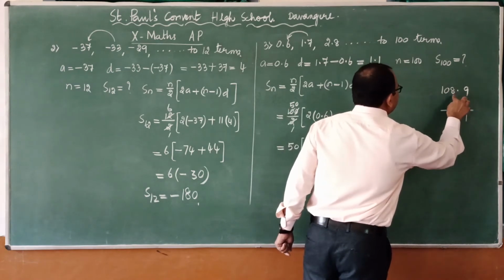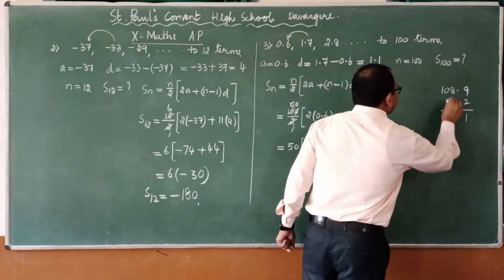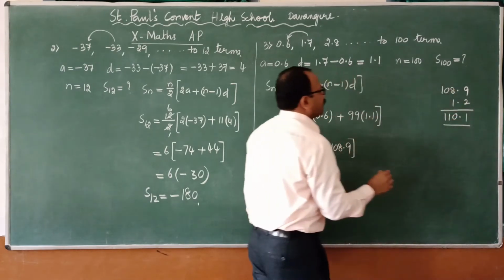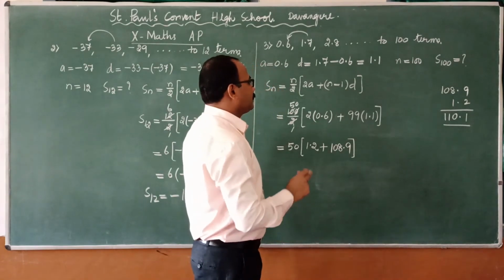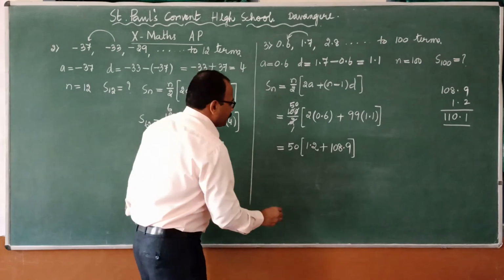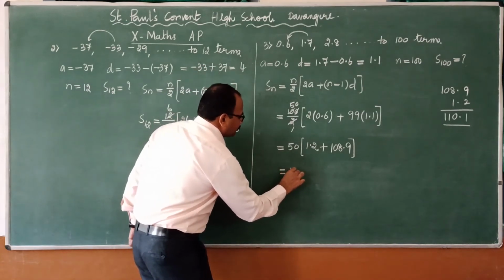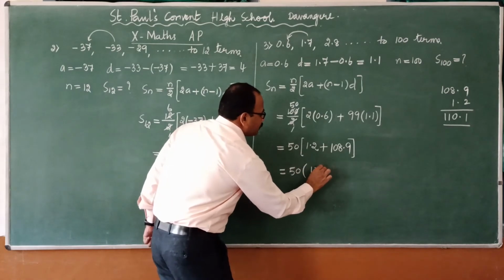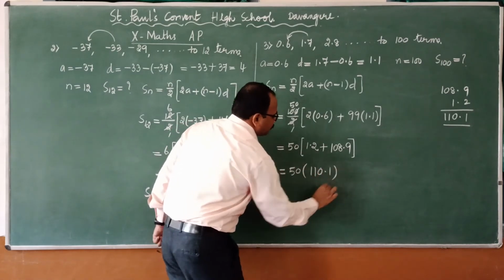This becomes 1.1, carry 9 plus 1, 10, carry 1. 9 plus 10, carry 1, 1. Okay, so this will become 50 into 110.1.